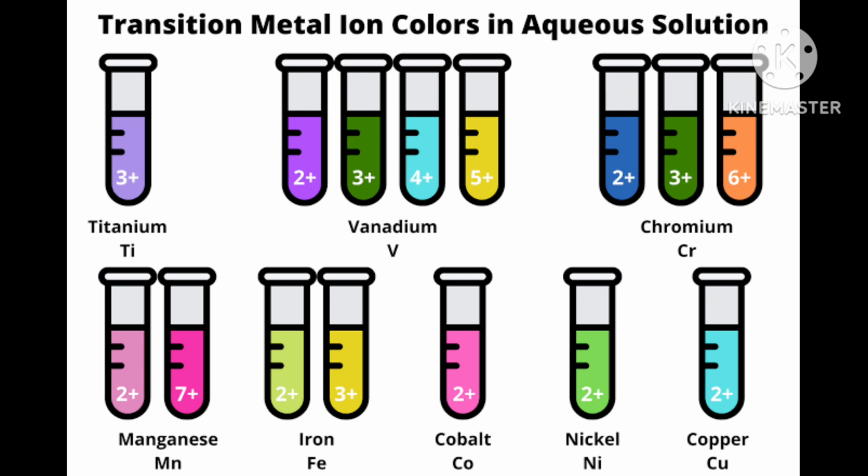And second reaction: Cr2O7 2 minus, means dichromate ion, plus basic medium 2OH minus, you will get 2CrO4 2 minus plus H2O.